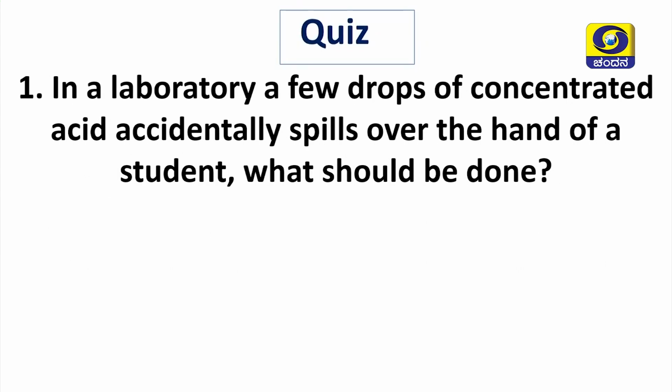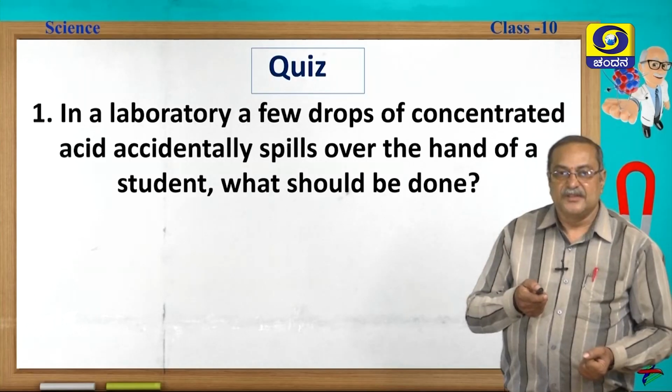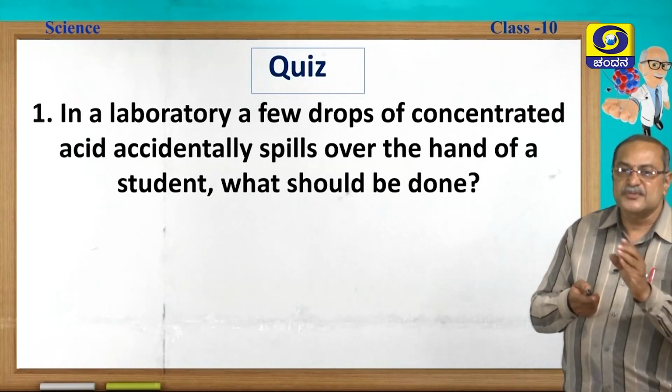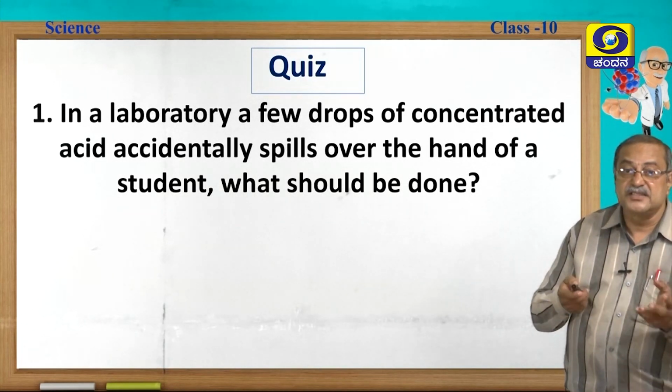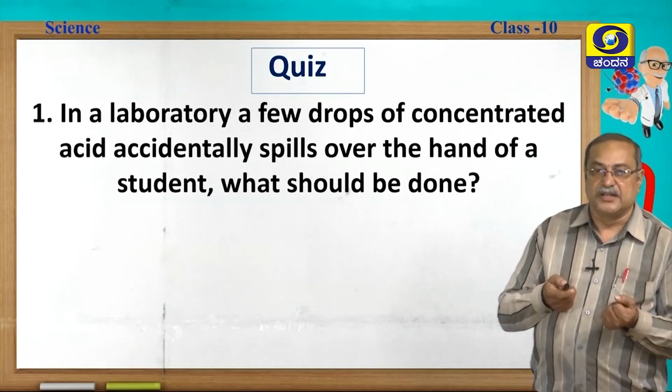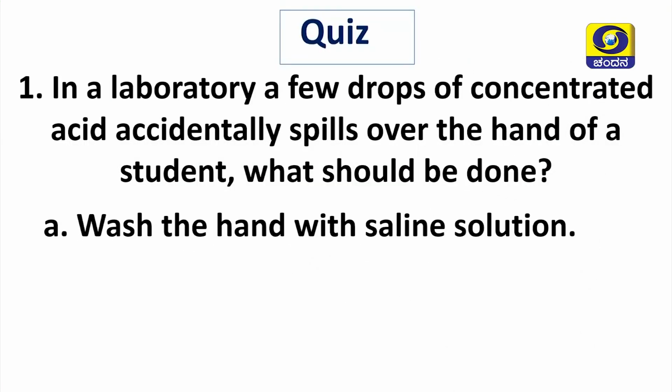Now it is quiz time. In a laboratory, a few drops of concentrated acid accidentally spill over the hand of a student. What should be done immediately? First option, wash the hand with saline solution. Saline means salt solution, sodium chloride.